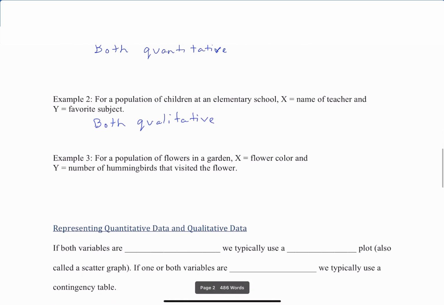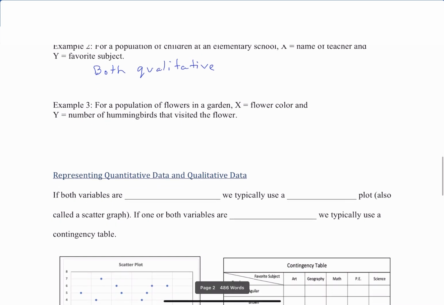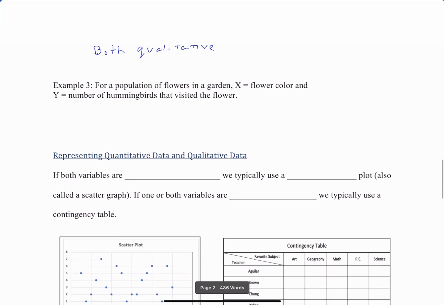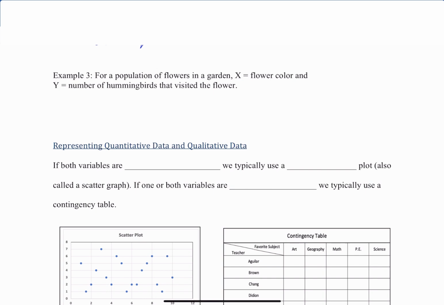Example 3. For a population of flowers in a garden, X measures the flower color, and Y measures the number of hummingbirds that visited the flower. Now, in this case, X is clearly qualitative. It has nothing to do with numerical values. But Y, it's clearly a number, but would it make sense to use the number of hummingbirds like a number?